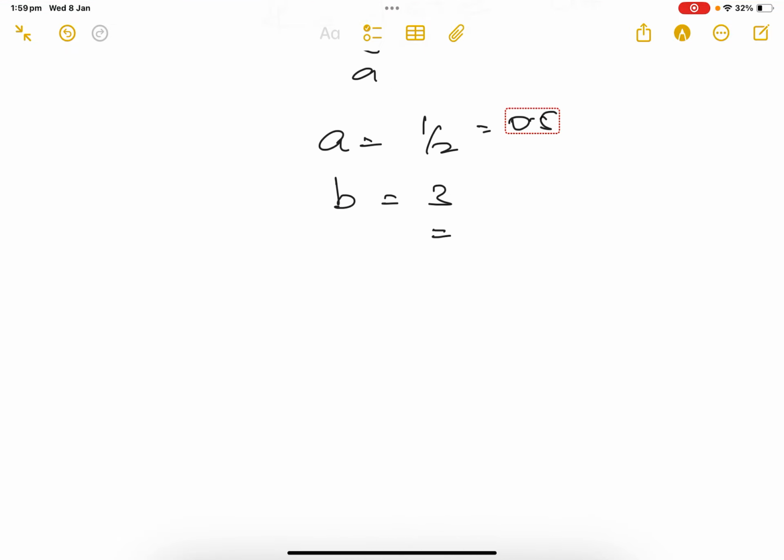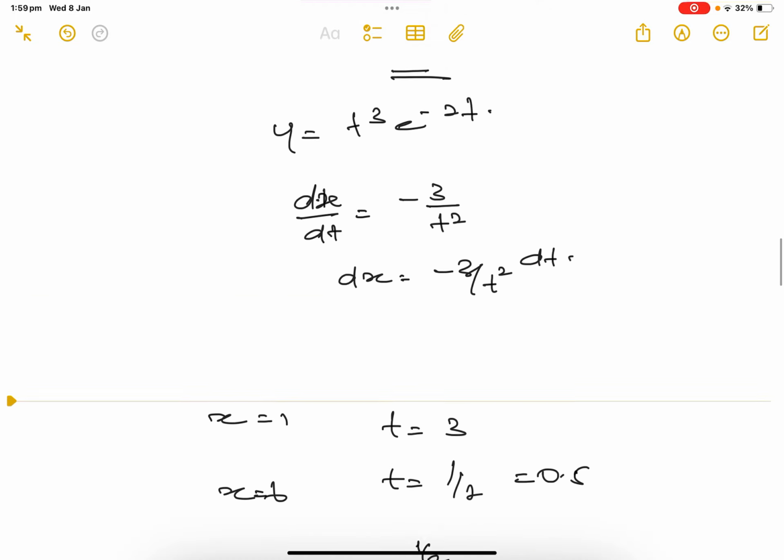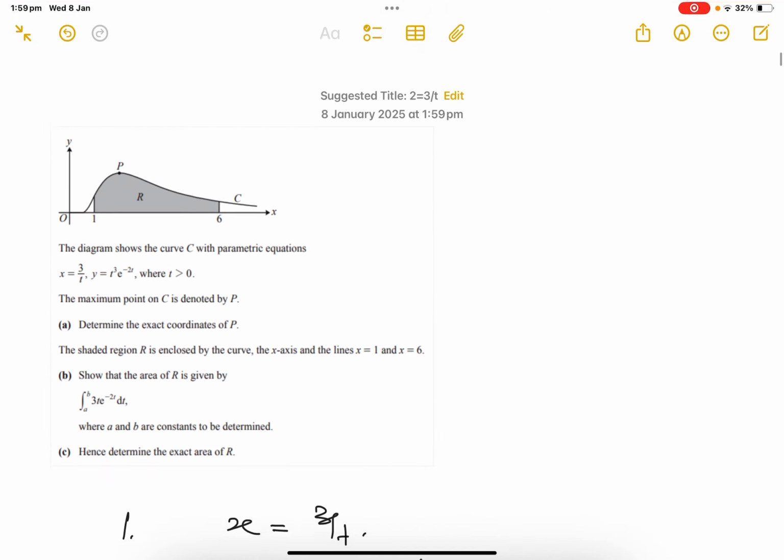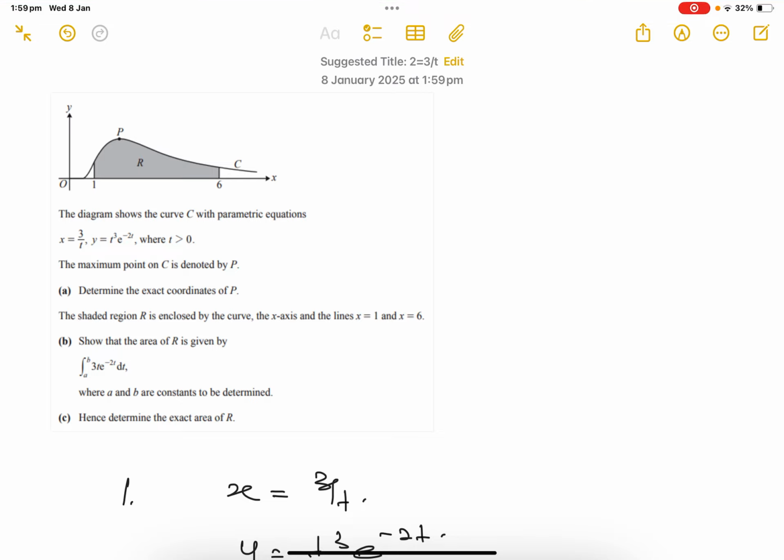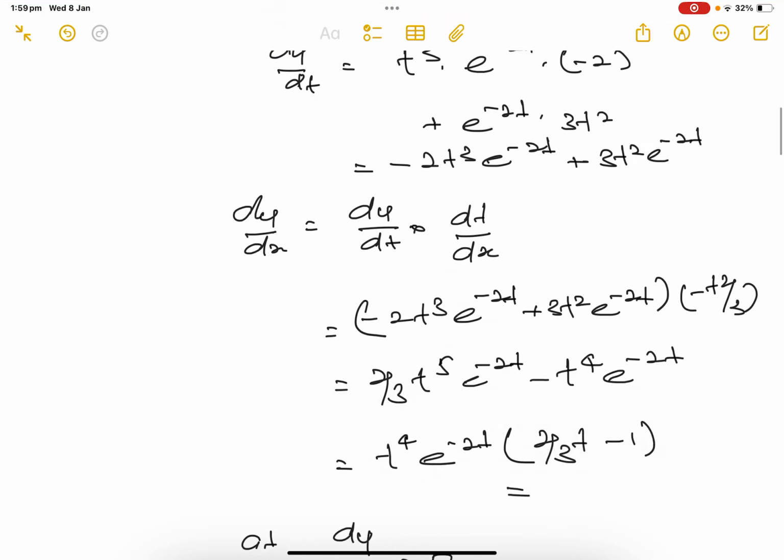So that's done. The rest of the question: hence determine the exact area of R.